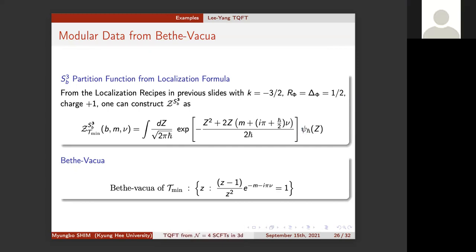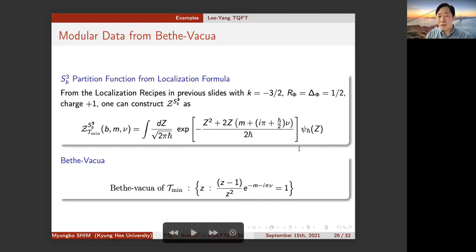We can expand this integral for the saddle point approximation, then we can obtain the saddle point equation. This is in this way. And from the solution of this saddle point equation with trivial m and plus-unit u value, we can obtain the Bethe-vacua in the degenerate limit.